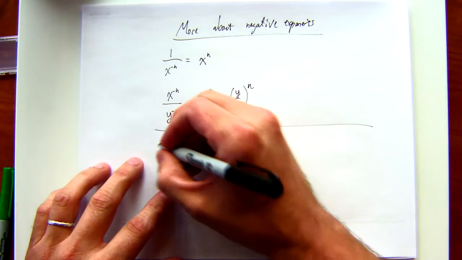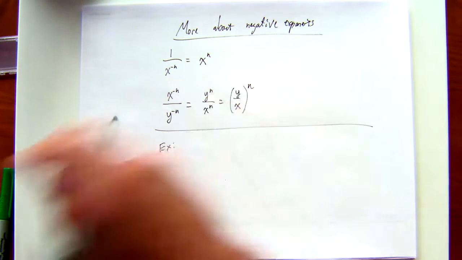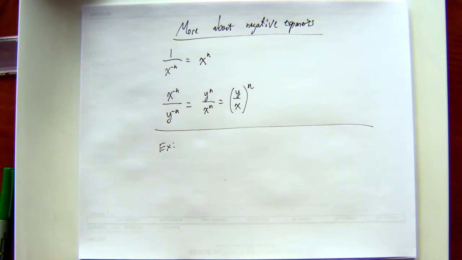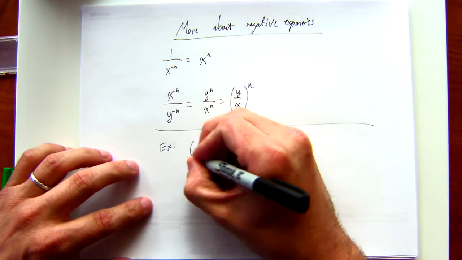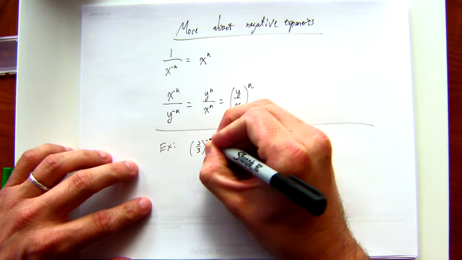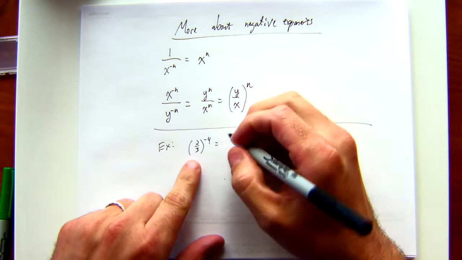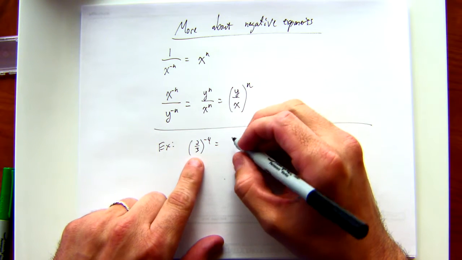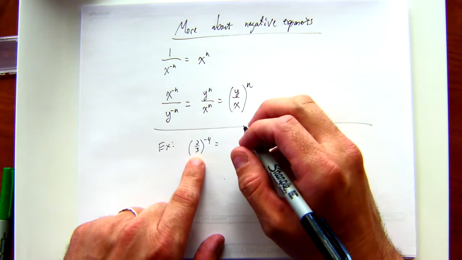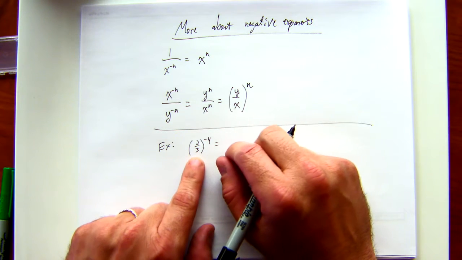A couple more examples. 2/3 to the negative 4th power. Not 3 over 8. I want to encourage you not to go so fast.